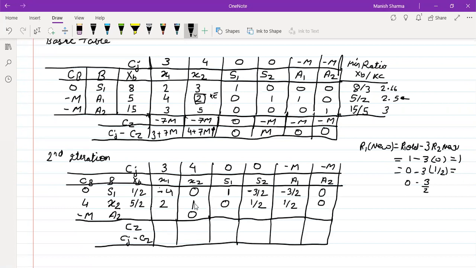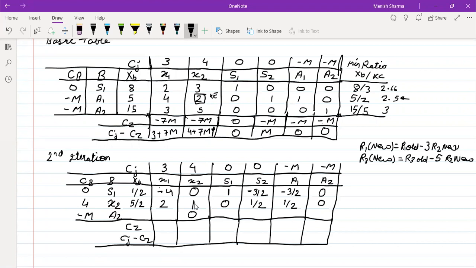Then for this last row, again we have to perform a row operation, that is R3 new will be equal to R3 old minus 5 times R2 new. Got it?